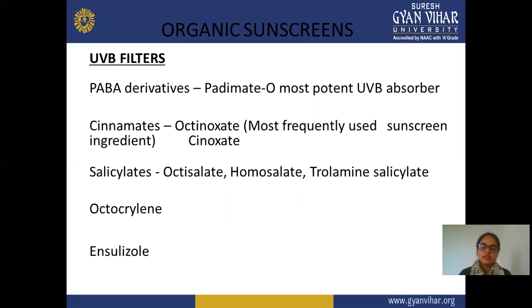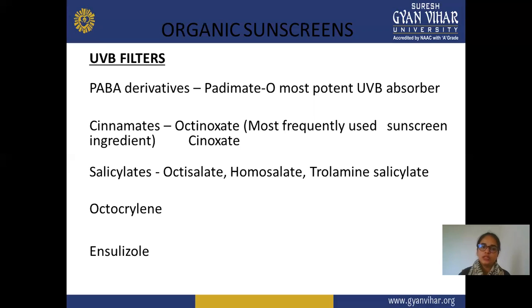Next is organic sunscreen. We mainly apply organic sunscreen for protection from UV. Almost all sunscreens are mainly protecting from UV sunlight, because it is more dangerous, and its wavelength damages your skin and can cause severe problems, damaging your cell DNA and protein.